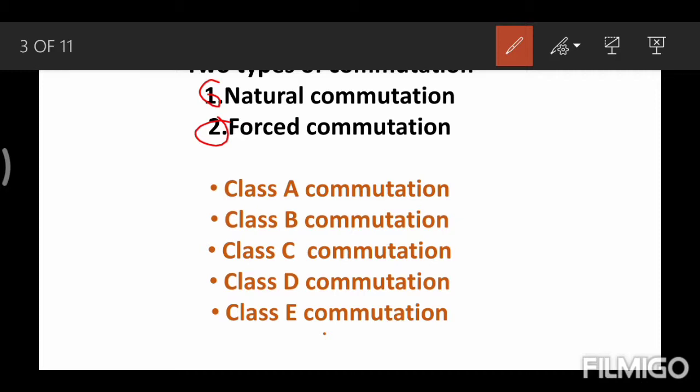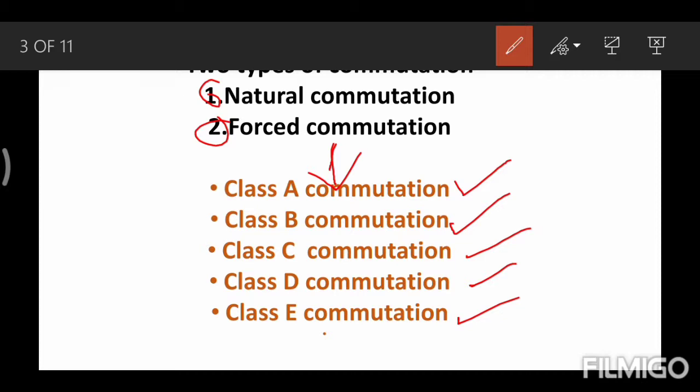In the forced commutation process, there are again 5 types: class A commutation, class B commutation, class C commutation, class D commutation and class E commutation.